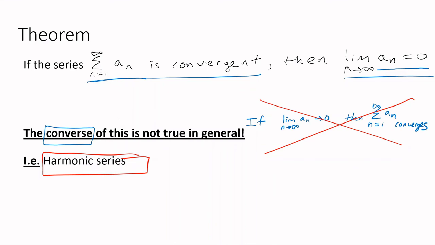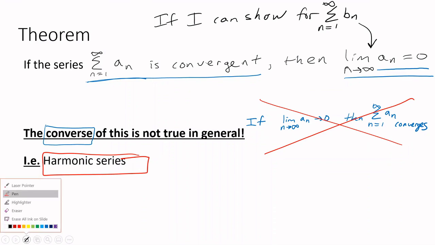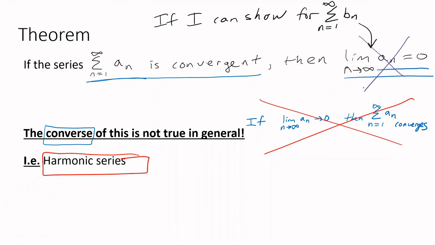So if I can show for some series like this that this is not true, if that does not work for my specific series, then that means my series is not convergent, aka divergent.